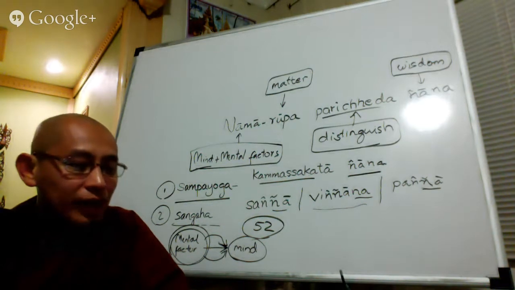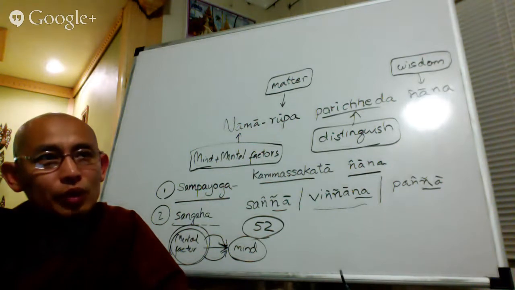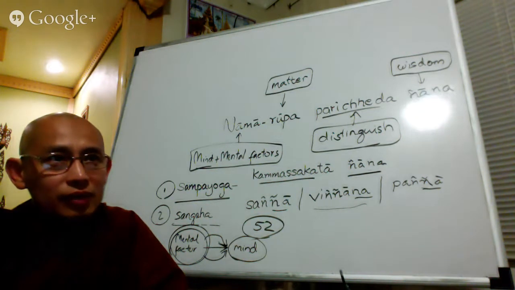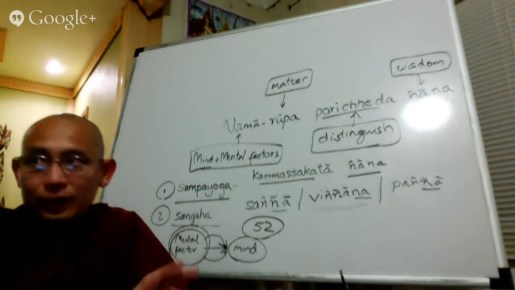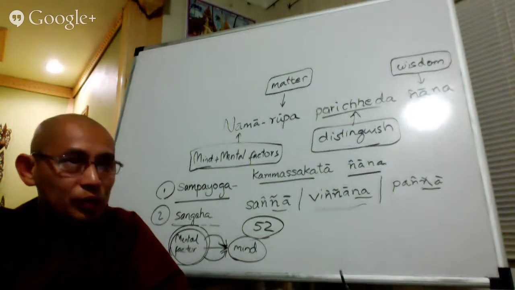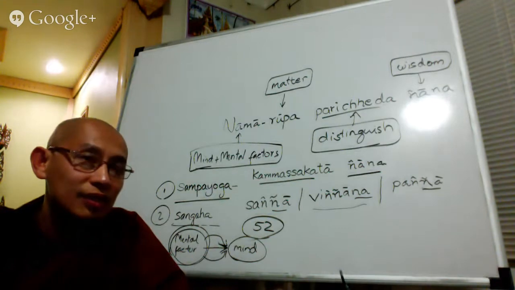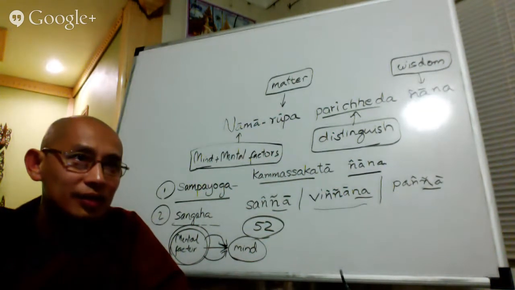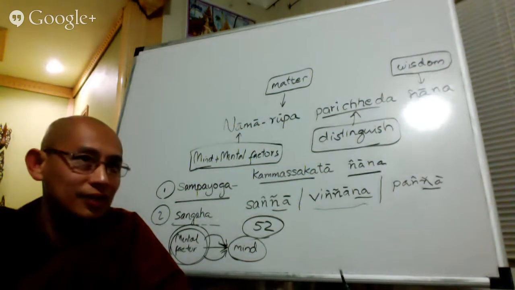Next one, arupavachara. We don't need to think about arupavachara because arupavachara is with the fifth jhana level, and the fifth jhana level has no piti. So skip arupavachara. We go to the last one, lokuttara cheta, supramundane mind. So we need to think about jhana level also: first, second, and third.